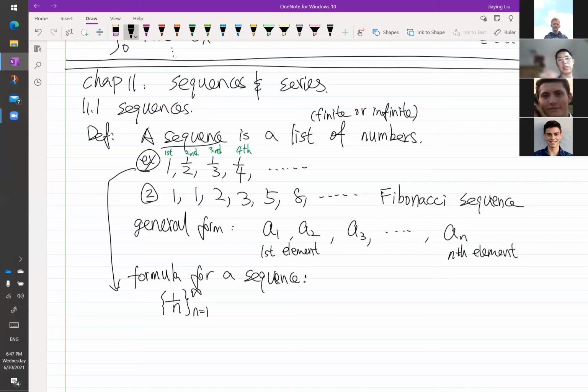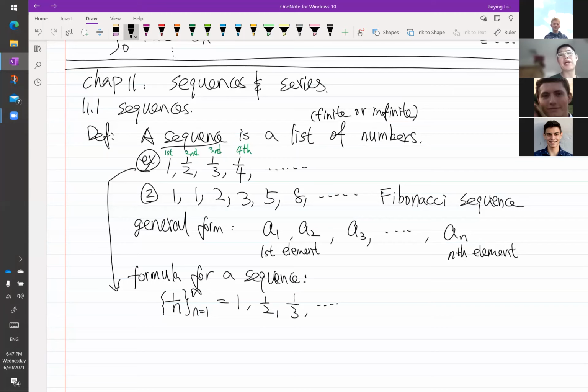In that sequence, I didn't put an n, it continues. So for the first element, if I put 1 in for n, I get 1/1, 1. If I put 2 in for n, I get 1/2. If I put in 3, I get 1/3, and so on. So this is the formula for that sequence: 1, 1/2, 1/3, and so on.